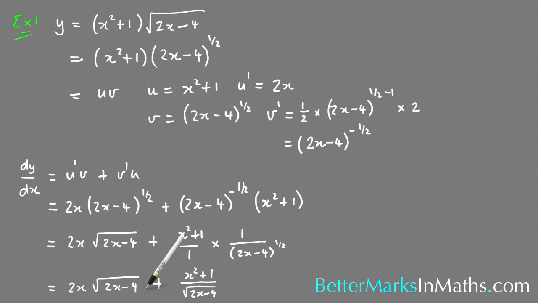So what you need to do is times the top there by the square root of 2x minus 4 and the bottom by the square root of 2x minus 4, and then you'll have this whole thing, and I'm going to actually write that out.